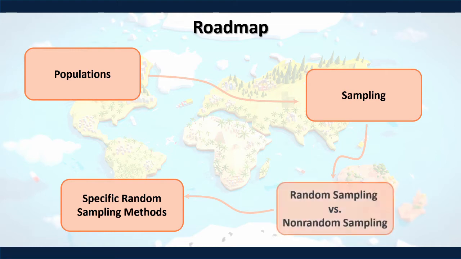Next, we're going to talk about the differences between two families of sampling techniques, random sampling and non-random sampling. Finally, we're going to talk in this video about different types of probability sampling, such as the simple random sampling and stratified random sampling procedure. And next time, we're going to focus on non-random sampling techniques, the most common of which is convenience sampling.